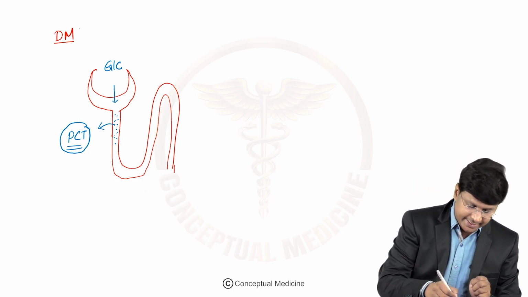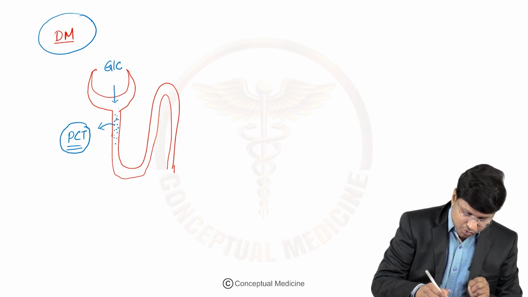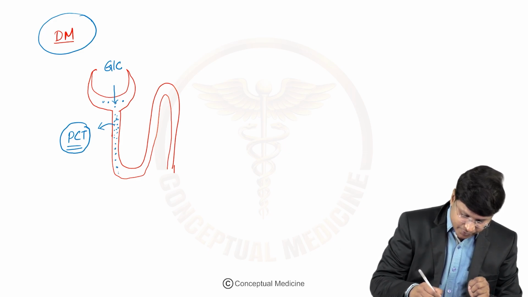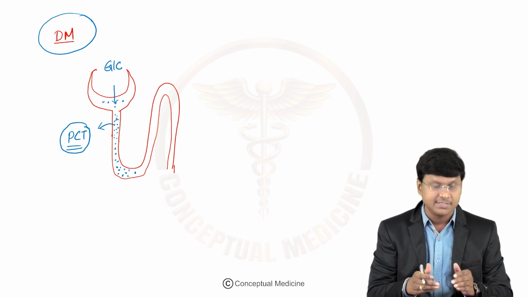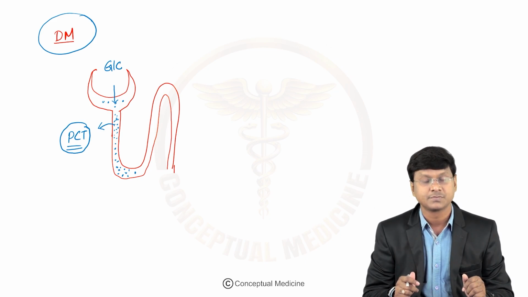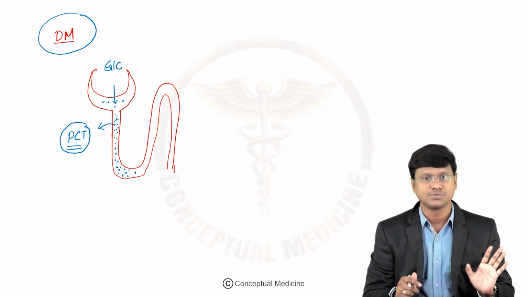But in diabetes mellitus, what is happening? There is excessive glucose overload. So now the tubule says that I cannot handle this amount of glucose. So there will be a tubular maximum for glucose.